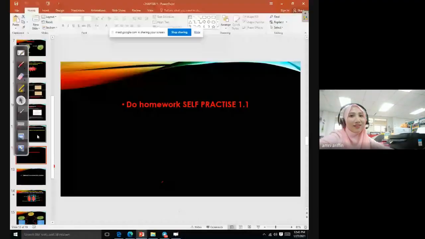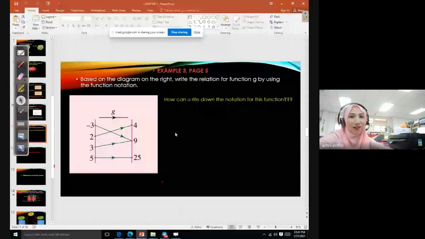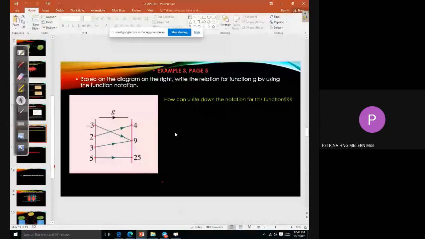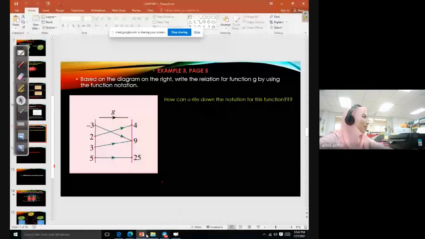Bukanlah, mana ada delete. I delete I punya drawing tadi. The homework slide. Cikgu maksud dia nak kamu delete, so dia tak payah buat. Oh. Tak ada lah yang ini.